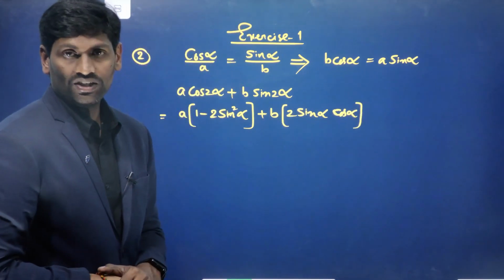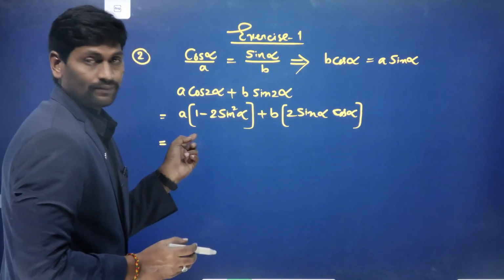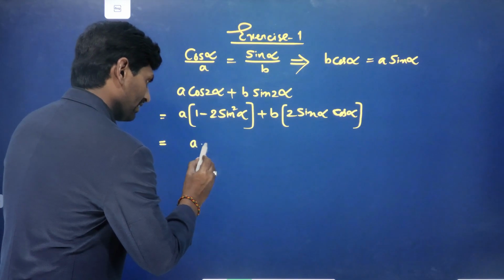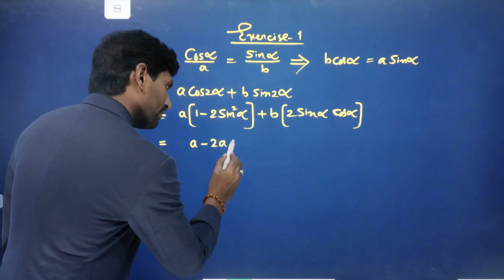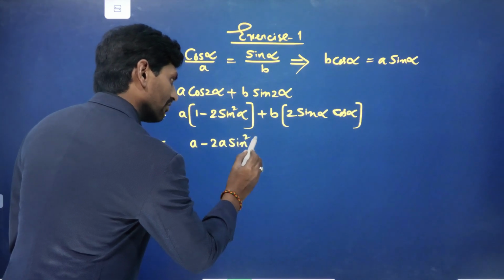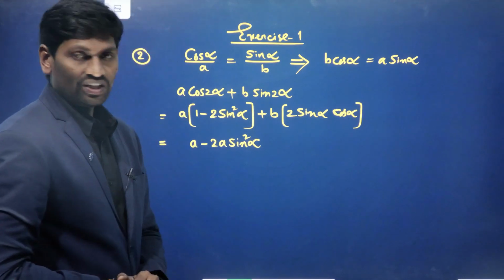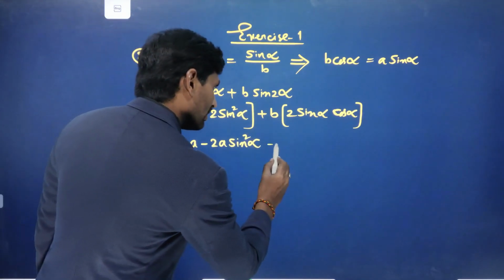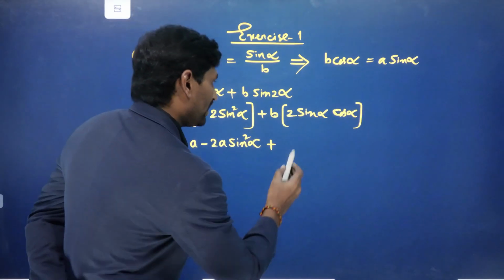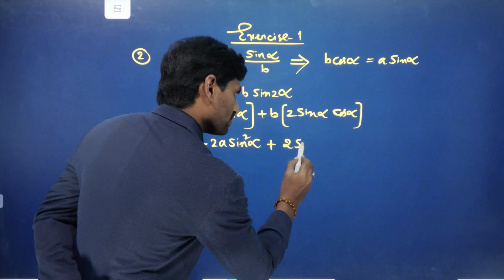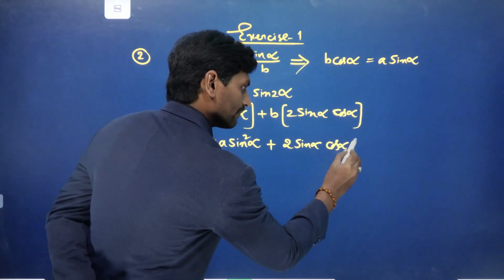Just multiply with a: a into 1 is a, minus a into 2 sin square alpha, which is 2a sin square alpha. So a minus 2a sin square alpha. Now this one, b into 2 sin alpha cos alpha, we can write as 2 sin alpha cos alpha into b.